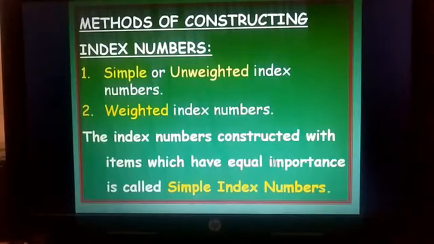The index numbers constructed with items which have equal importance are called simple index numbers.